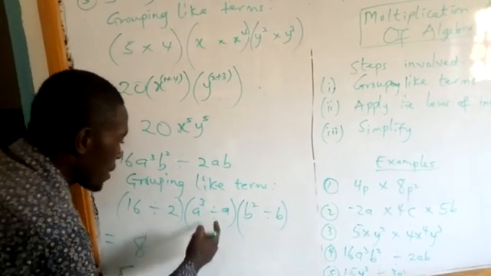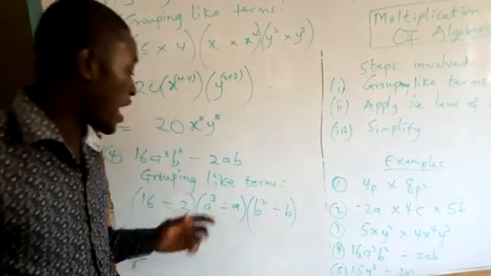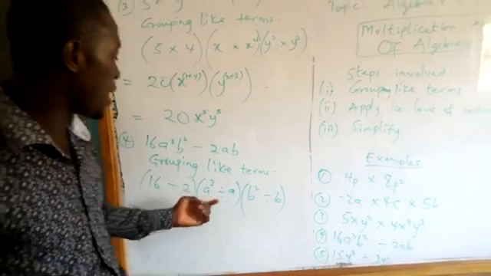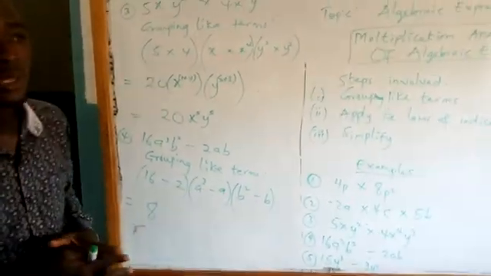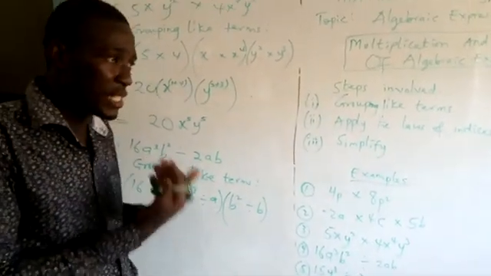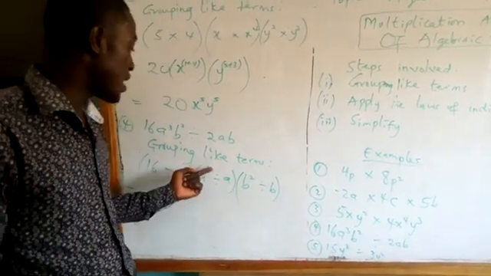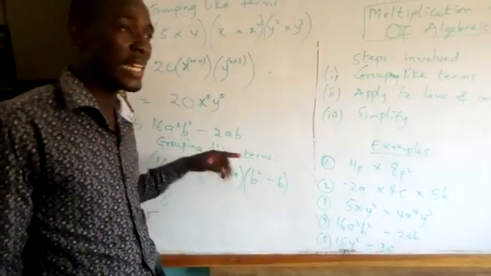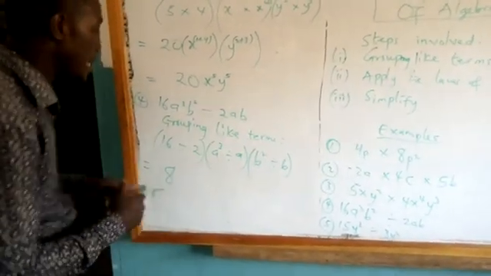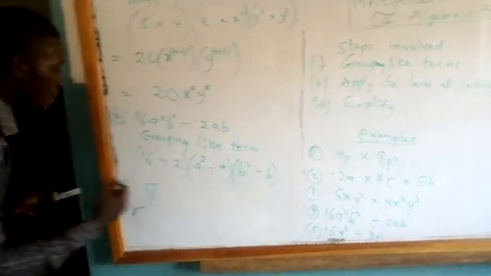Then a power 3, and according to the second law of indices, anytime we have a division sign in between two numbers written in index form, and they have the same base, we can subtract their exponents or their powers and get one single term.